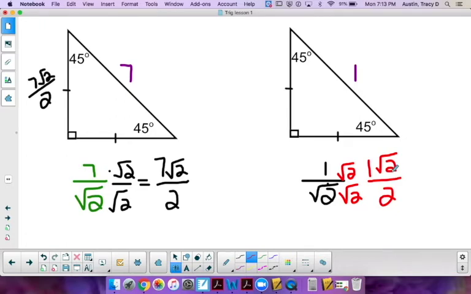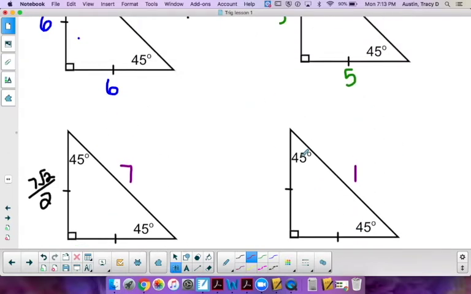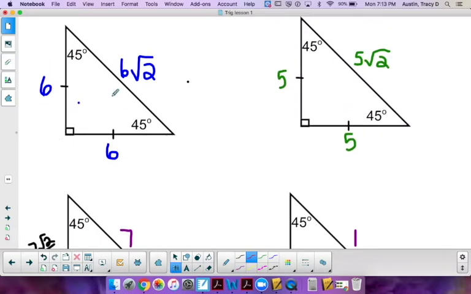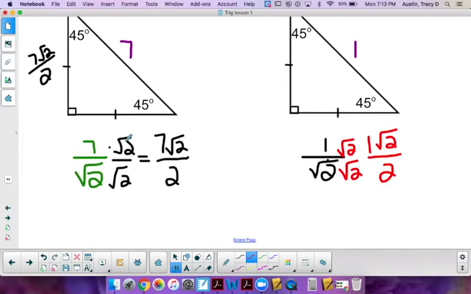And we normally would read that as the square root of 2 divided by 2, or root 2 over 2. Okay, it's just a shorter way of saying the same thing. So that's how you simplify given the 45, 45, 90s. Doesn't matter what you're given, the ratio is always the same. So you're either going to be multiplying or dividing by the square root of 2.